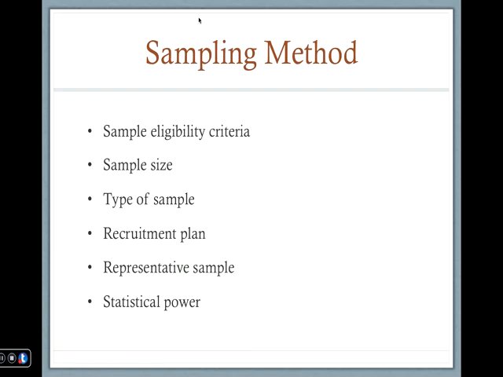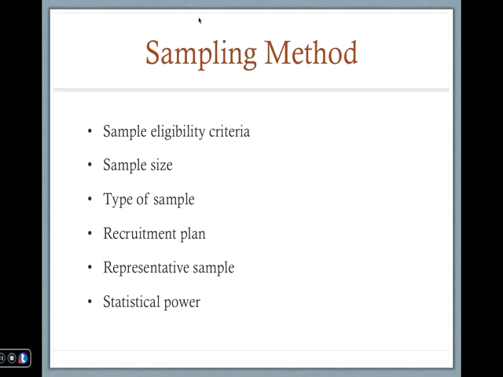Going back to the ice cream example that we frequently have used in class, if we are interested in finding the favorite ice cream flavor of Polk State College students, and I sample only nursing students, then every other student at Polk State College will not have an equal chance of getting in that sample because they don't take nursing classes. So that will really not yield a representative sample of Polk State College students.